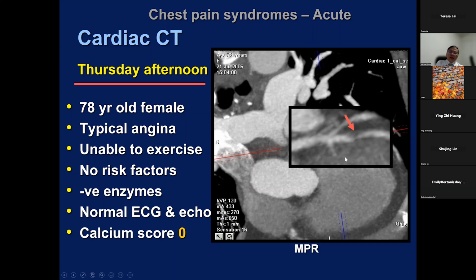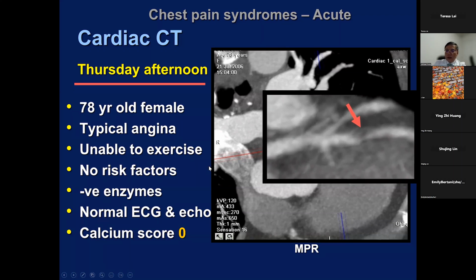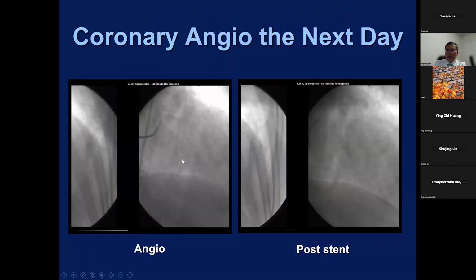So the take-home message is basically, if you have symptoms, you should not use calcium score. You should inject dye and look at the lumen. This patient with a 0 calcium score turned out to have high-grade stenosis. And she was sent to the cath lab and had an angiogram done, and the stenosis was opened up in the cath lab.